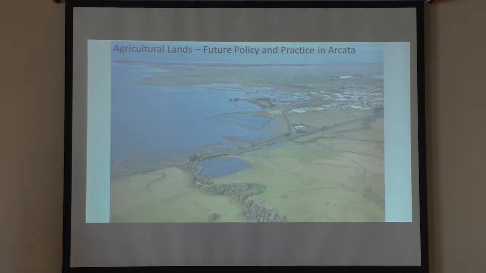So really what we have right here is a real and imminent tension between the efforts we need to make to prepare for, adapt to, modify, and retreat, and maintaining these highly productive ag lands. That's my introduction.